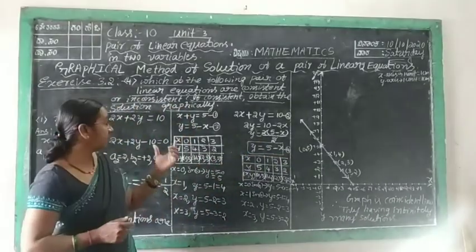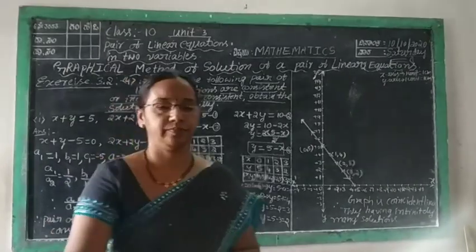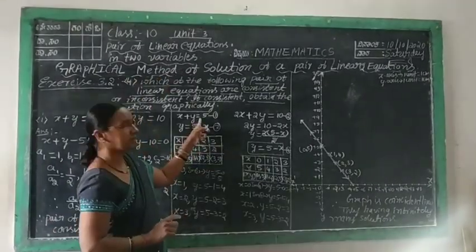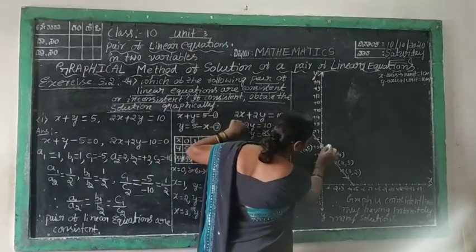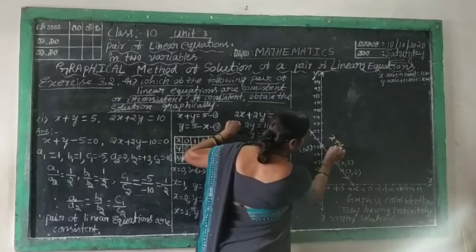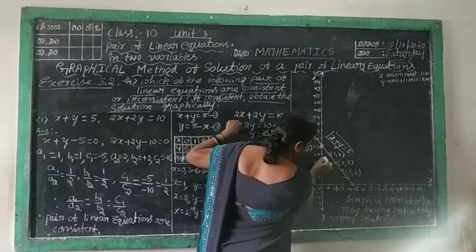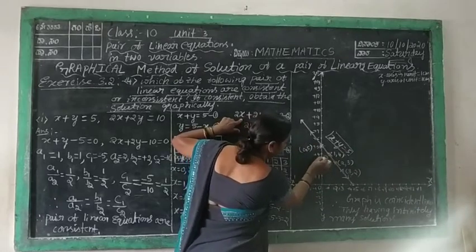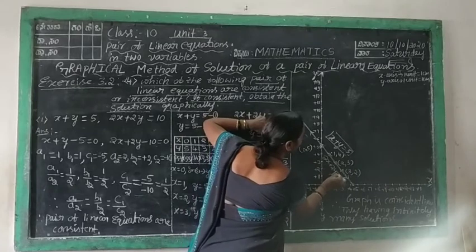The same problem is solved on graph sheet. Next, we write the equations for the graph: x plus y is equal to 5 and 2x plus 2y is equal to 10.